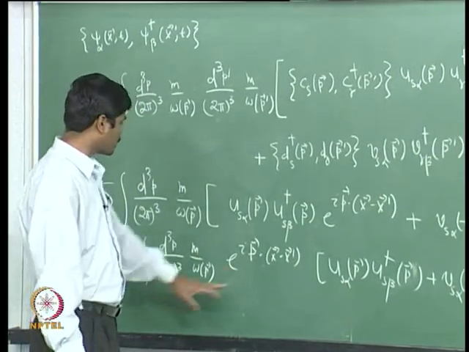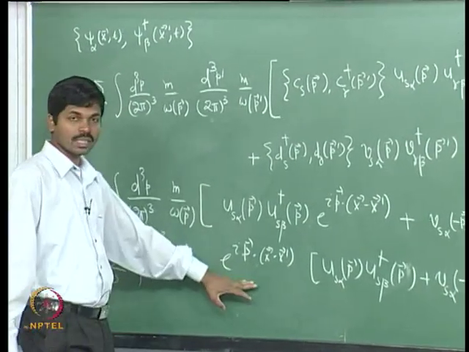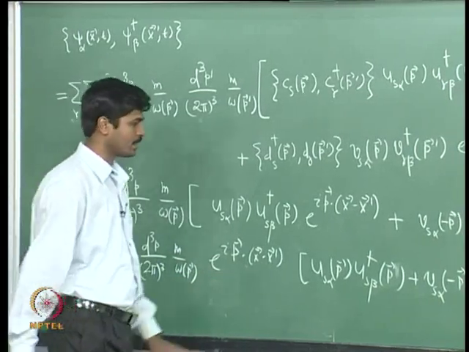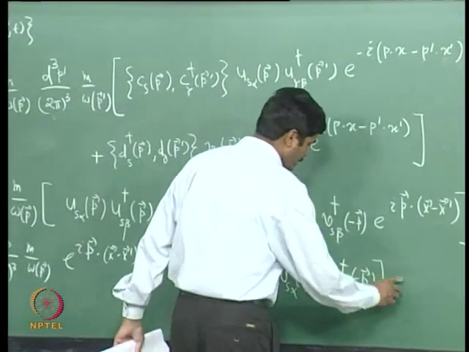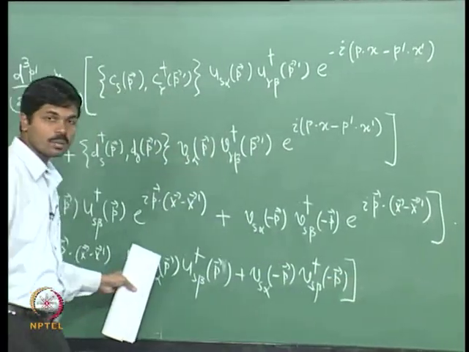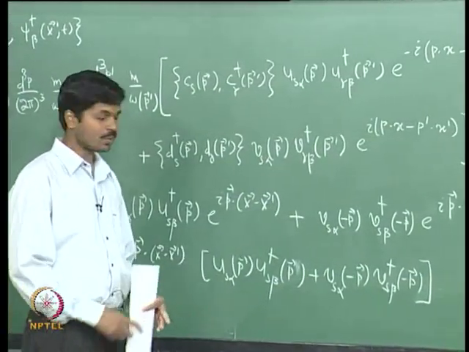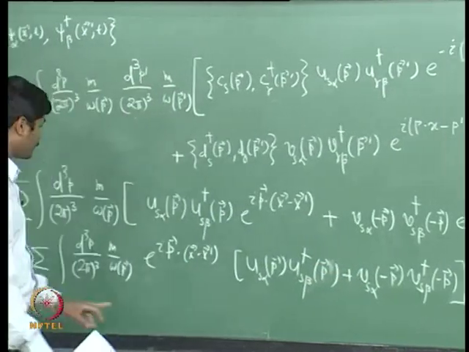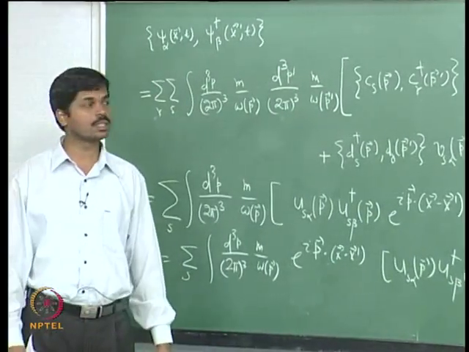So it almost looks like we are having a Dirac delta function here, but it's not yet, because of this term inside the square bracket. What is this quantity here? When you carry out the sum over S, what do you get?